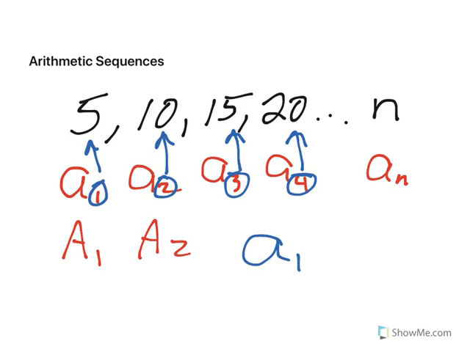You can probably get away with A1 if you want, but to say it properly would be A sub 1. It's probably the best way to say it. And we get all the way to the unknown number out here, A sub n, because n is the unknown number, so what position is that? That's A sub n. That's all that is saying.